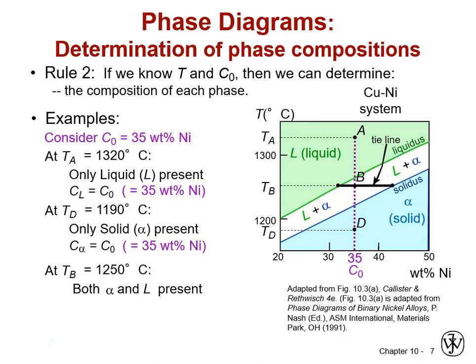So we draw a horizontal line across that two-phase portion of the phase diagram, and we look at the portion that is touching each of the phase regions.